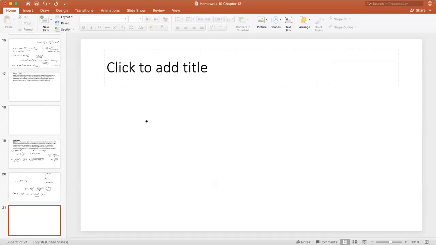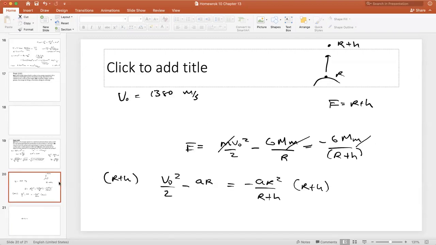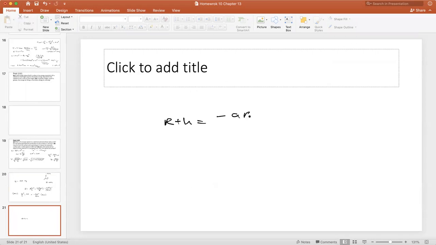So what I get here is R plus H is equal to AR squared with a minus sign divided by V naught squared over 2 minus AR, but that negative sign I can move through.